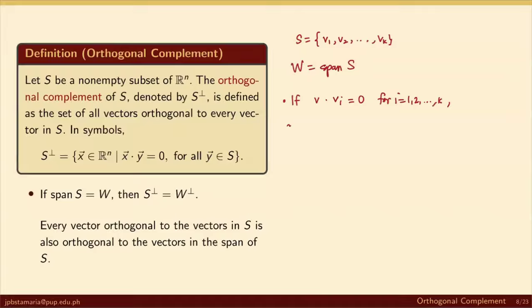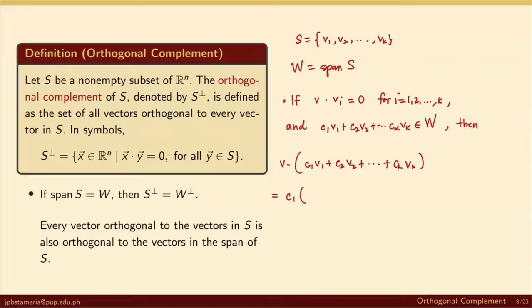So if we take a linear combination C1 V1 plus C2 V2 up to Ck Vk, an arbitrary vector in W, then you can check that if I take the dot product of v with this linear combination, using the properties of the dot product, you can play around with some algebra.